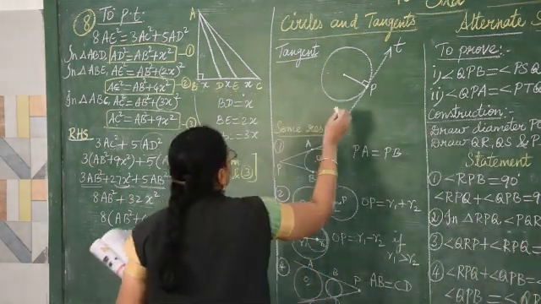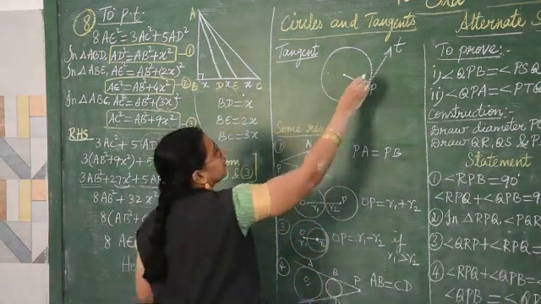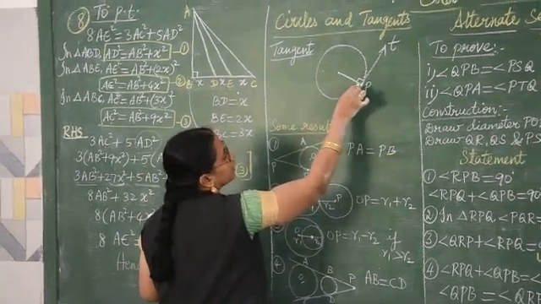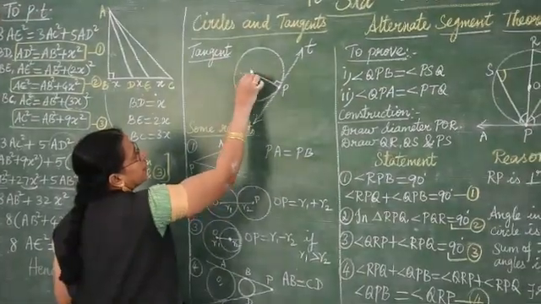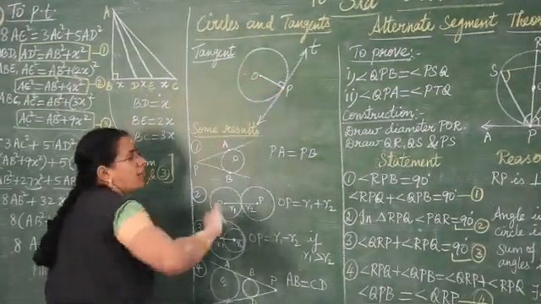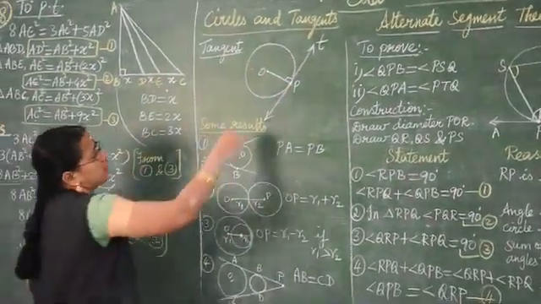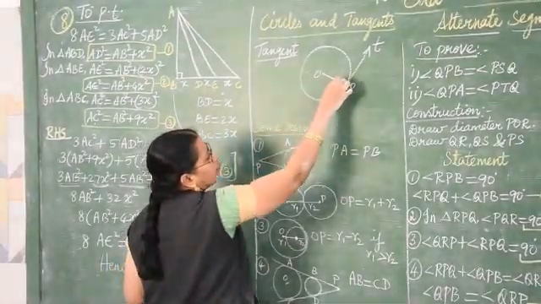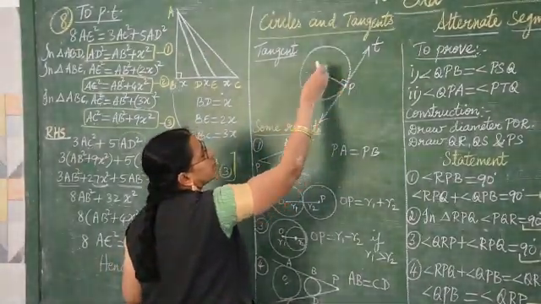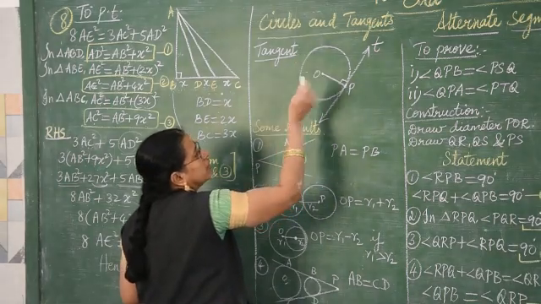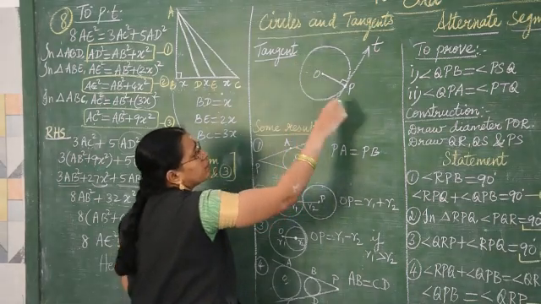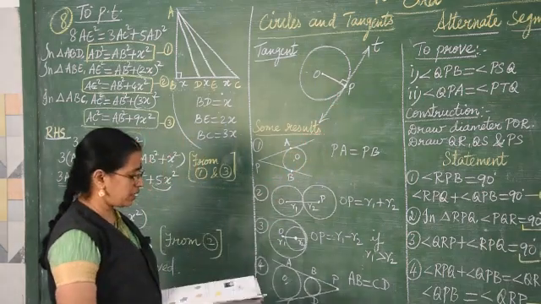And here OP is the radius, and for the tangent, the radius is always perpendicular to the tangent. Wherever you draw, even on this side, the radius will be perpendicular to the tangent.